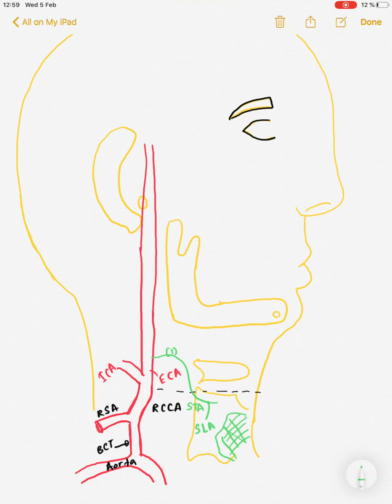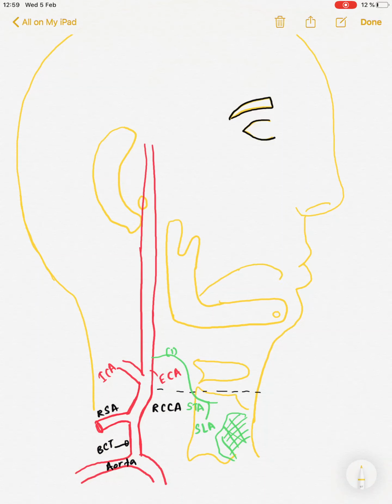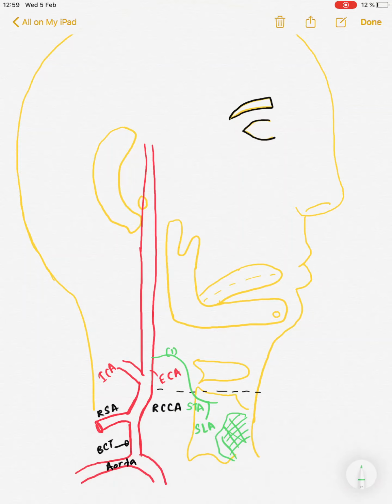Then the second branch that belongs to the anterior group will be the lingual artery. First I have to draw the tongue, and we will have the lingual artery, LA. It will also give branches that give blood supply to the dorsum linguae, the deeper parts of the tongue and the sublingual glands.